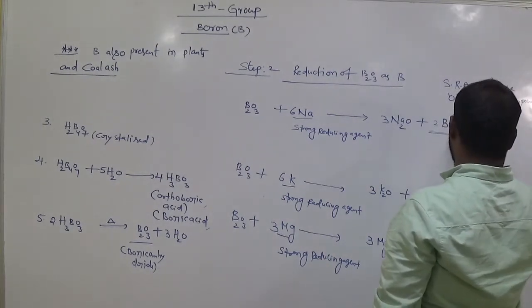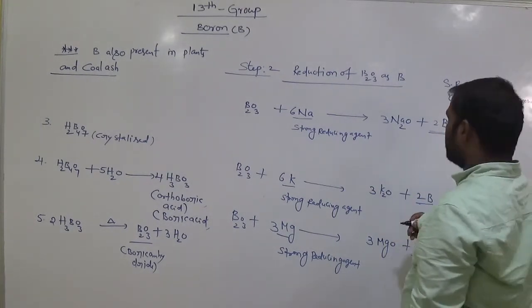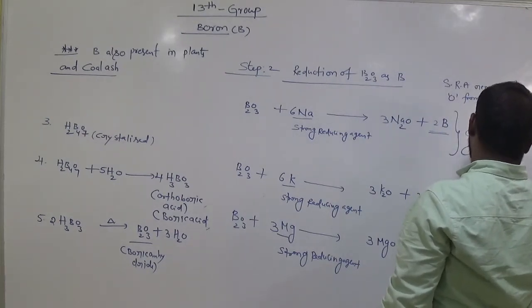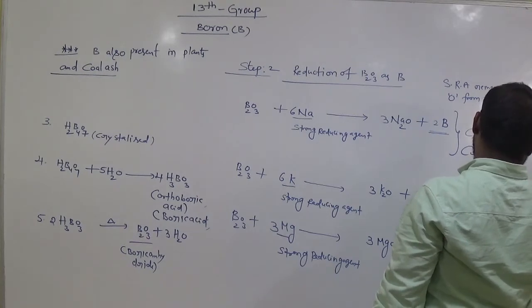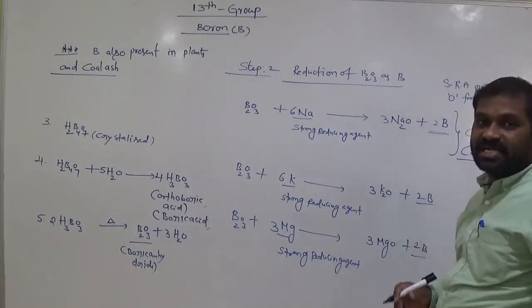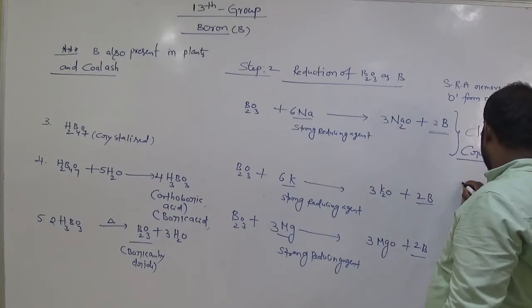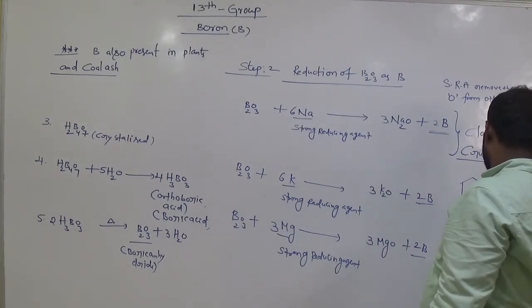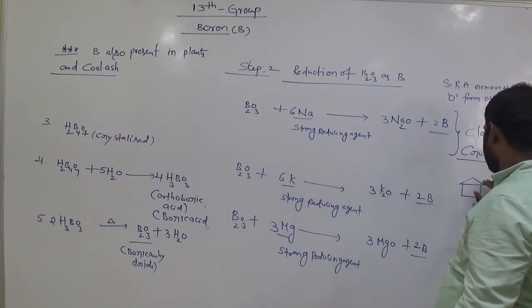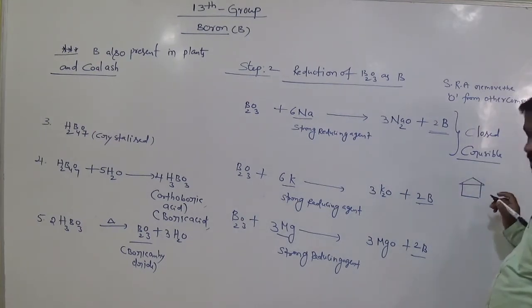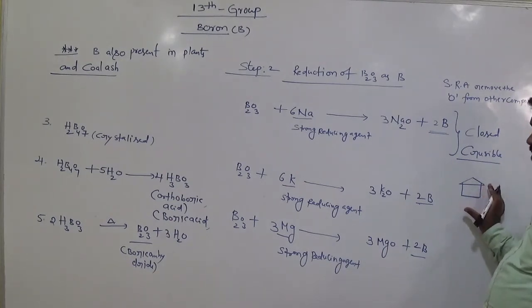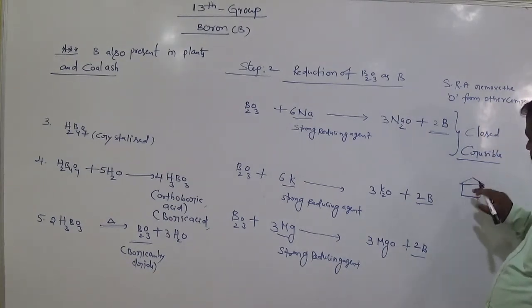Remember, all these processes are done in a closed crucible. A closed crucible is a device like this, just a cap that we can remove. So crucible, this is the equipment. The reaction takes place inside the crucible.